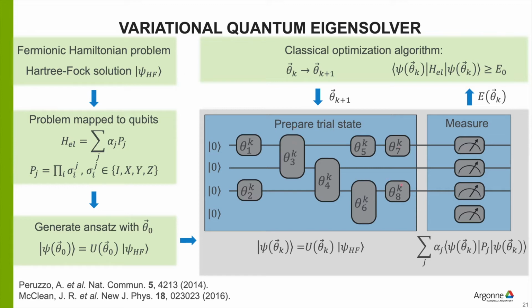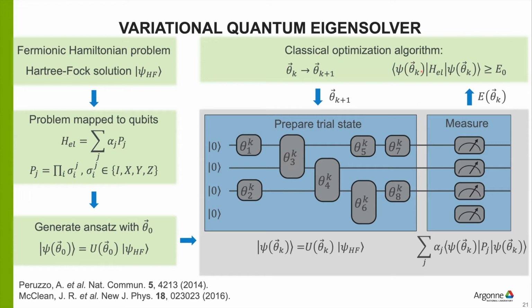So once we prepare this trial state and we measure all the terms in the Hamiltonian, we use the variational principle to minimize the energy with respect to these variational parameters. And so this is the part that is done on a classical device.